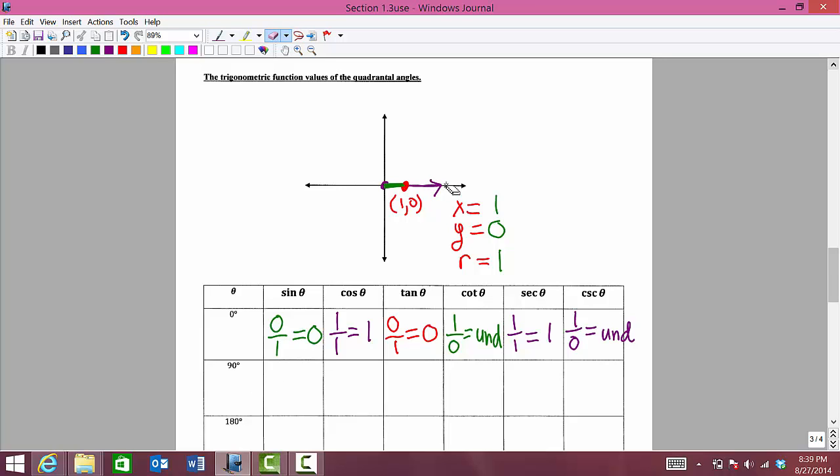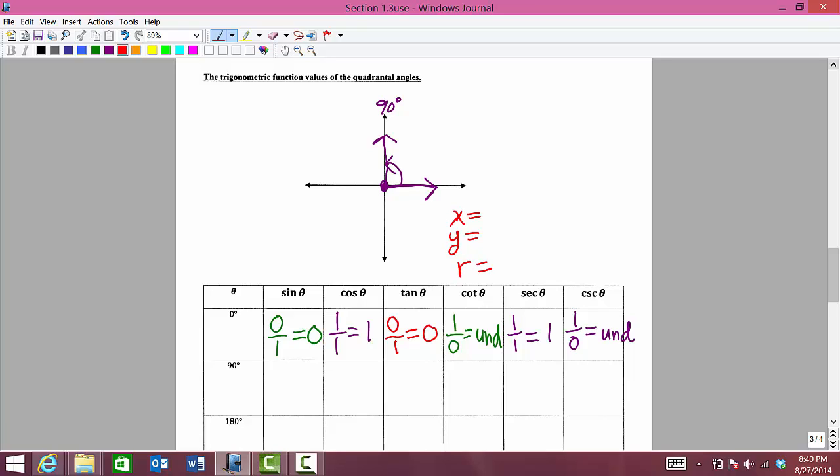Now we're going to do the same thing, but this time we're going to work with our 90-degree angle. And our 90-degree angle, we're going to put that in standard position. So there's our 90-degree angle. And we want to find, once again, the x value, the y value, and we want to find r.